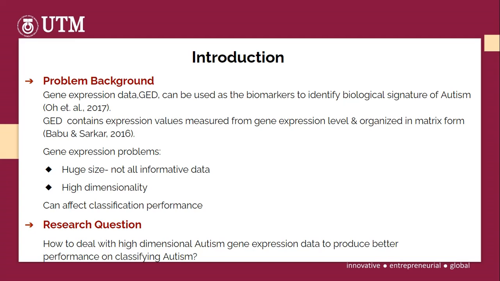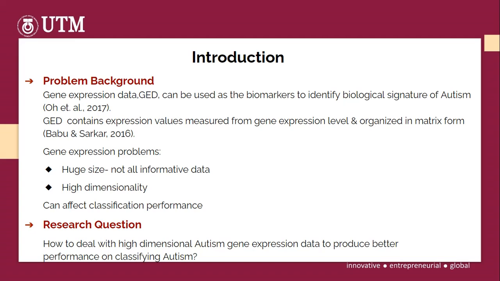As good as it sounds, gene expression data has some problems that may make biomarker identification harder. One is the huge size of the data, where some of the data are rich and useful, while some are not. Another one is the high dimensionality of the data. High dimensionality is when the number of features or genes in the data is way more than the number of samples observed.